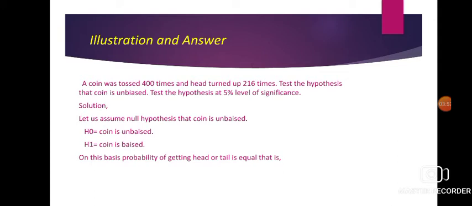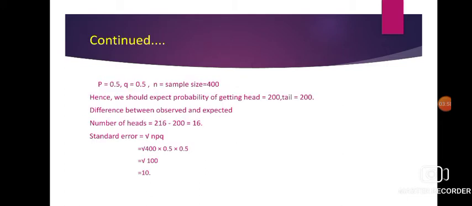On this basis, probability of getting head or tail is equal, that is P is equal to 0.5, Q is equal to 0.5, and N equal to sample size, that is 400. Hence we should expect the number of heads equal to 200 and tails also 200.